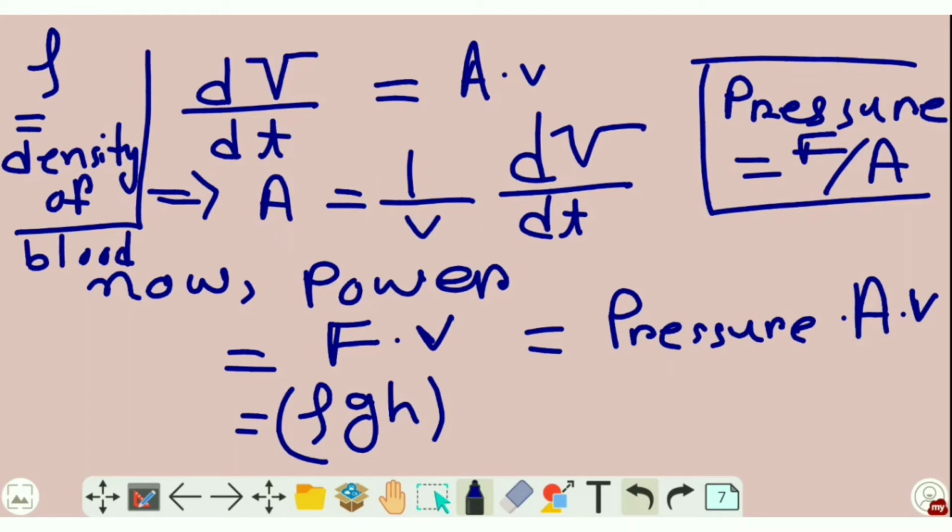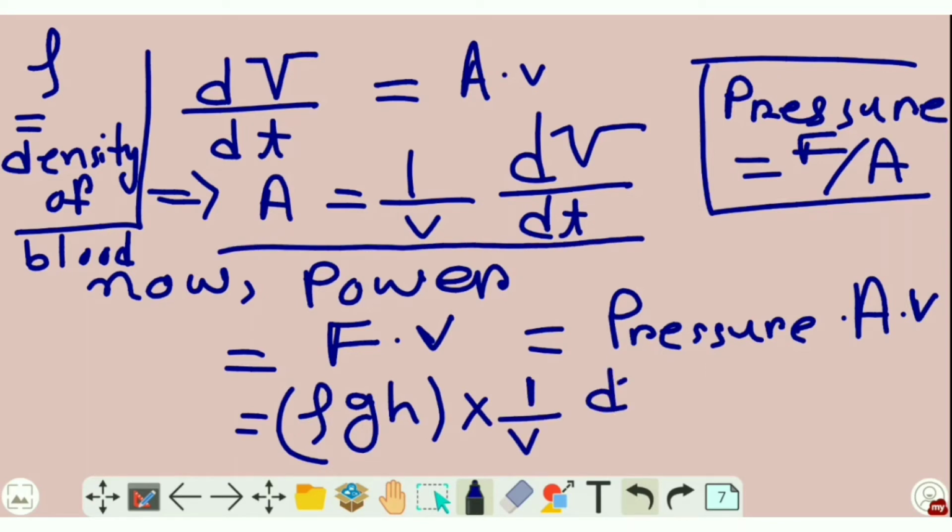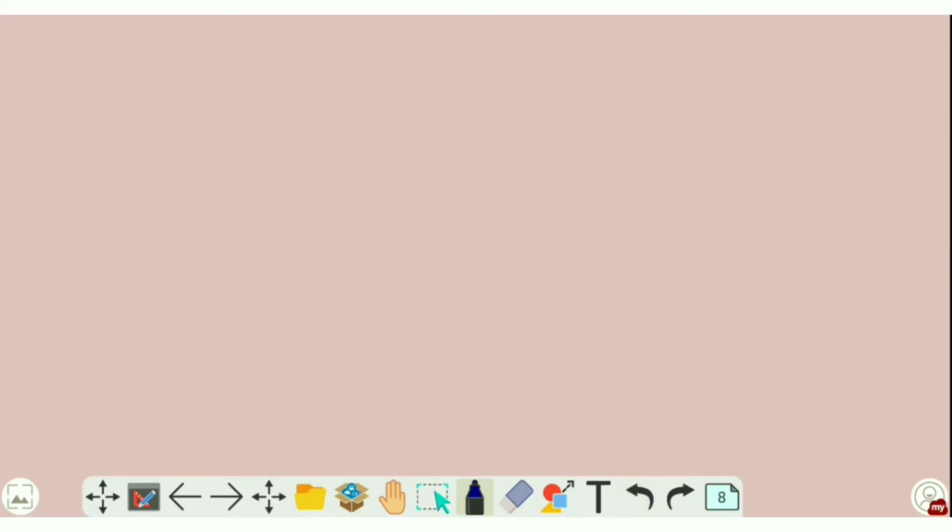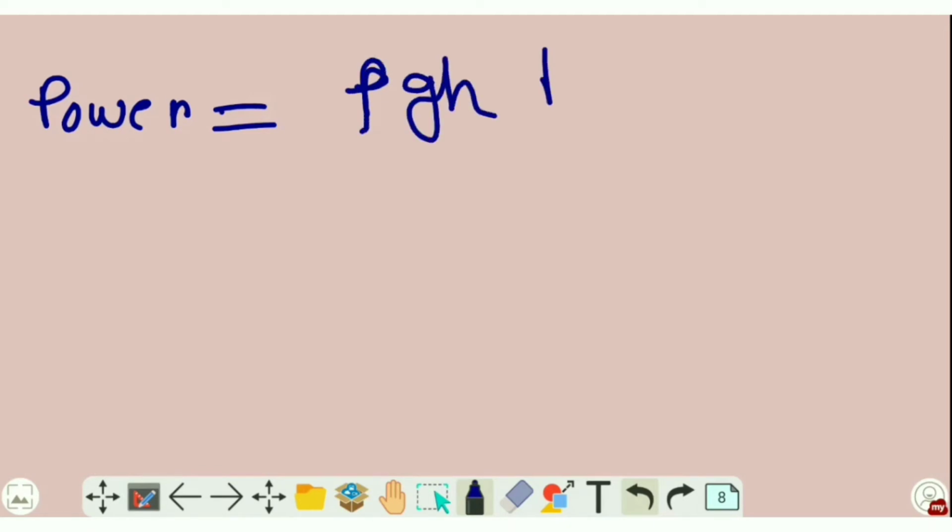Now put the value of A as 1 by v, dV by dt, into small v. Here v cancels out. We have finally found that power equals rho gh dV by dt.